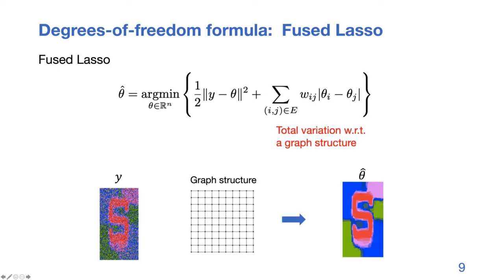For example, if you want to eliminate the noise of a two-dimensional image, then the graph structure should be a grid graph like this. After we apply fused lasso, you will get a smoother version of the original image.